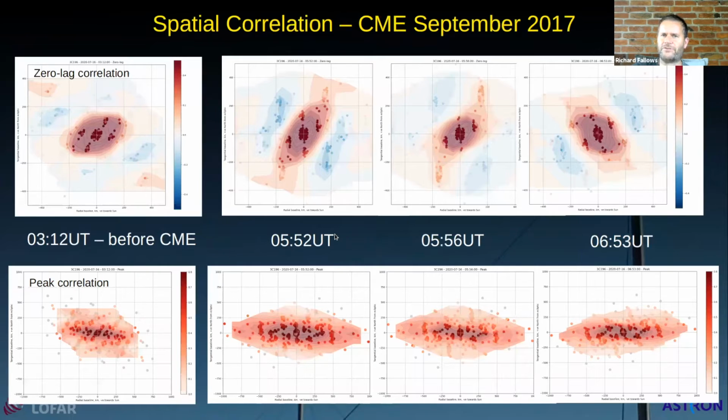And this is what we end up with. So in the top row is all the zero lag correlation values for all the pairs of stations for this CME observation of the September 2017. So before the CME really started to take hold in the data, what we see is this nice little slightly elongated elliptical pattern here.